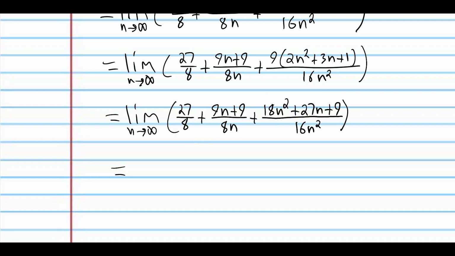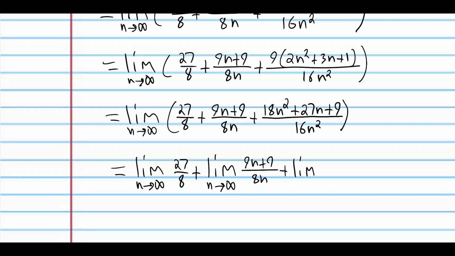That number is the limit. So again, you don't have to do this, but if you want to, you can separate into 3 different limits, but we know what's going to happen to each of these expressions. So we're using limit law number 1.